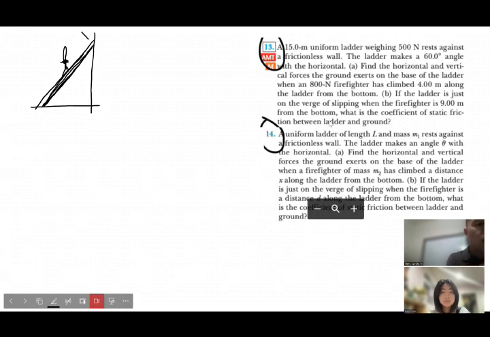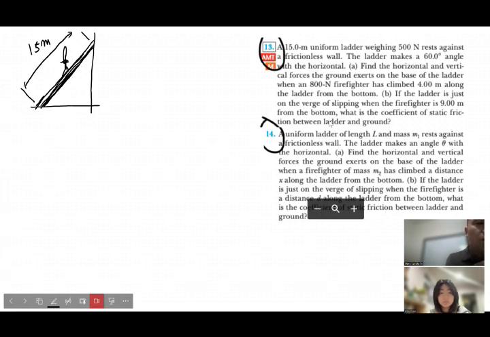So the total length of this ladder is 15 meter. And I can tell you there's another problem with exactly the same condition later on. But if you solve this problem, you should be able to solve that problem too.